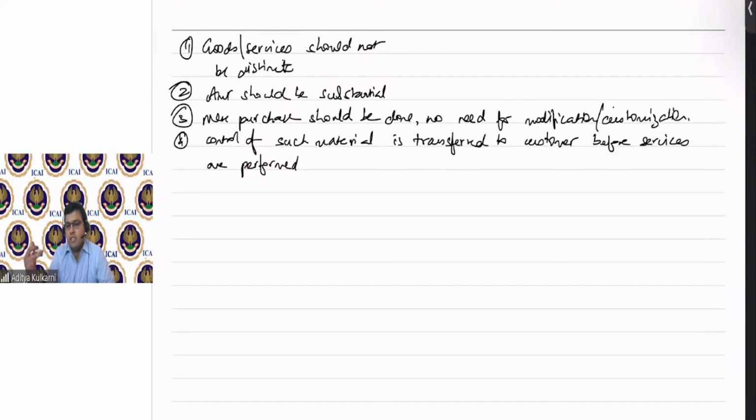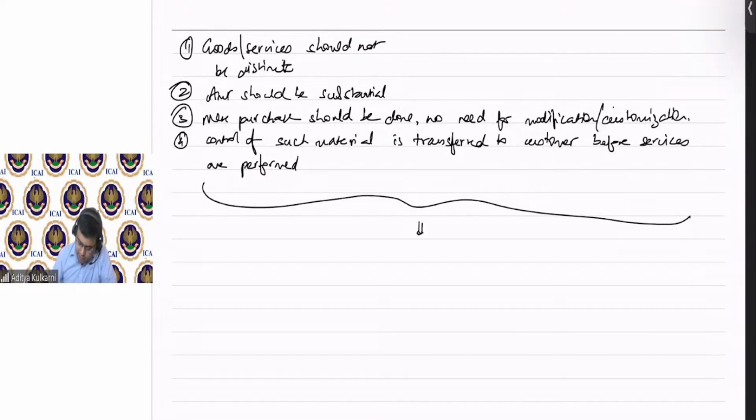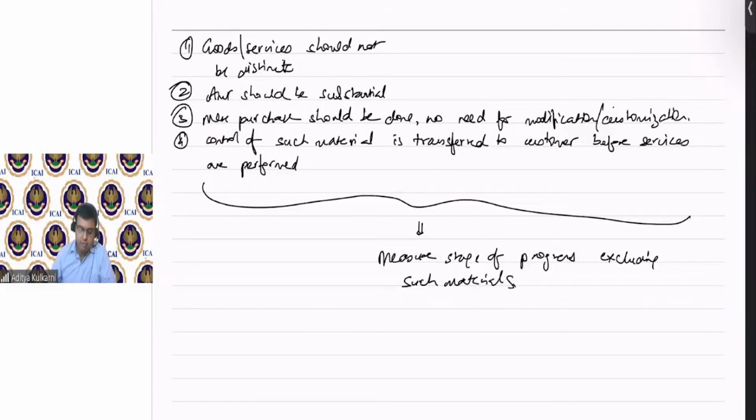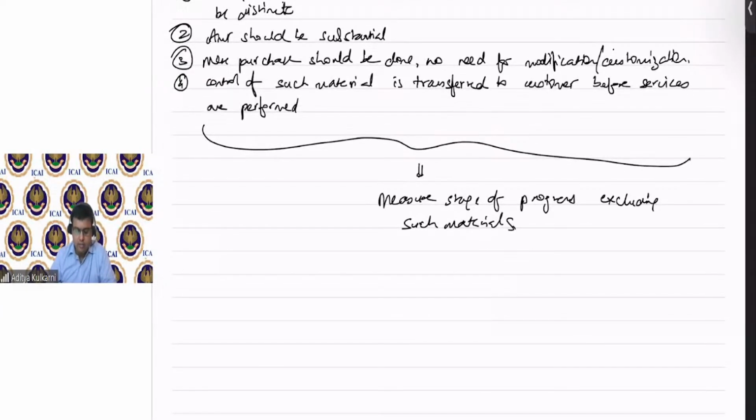And fourth one is control is transferred before services are performed. If all these conditions are fulfilled, then measure stage of progress excluding such materials. Measure stage of progress excluding such material.